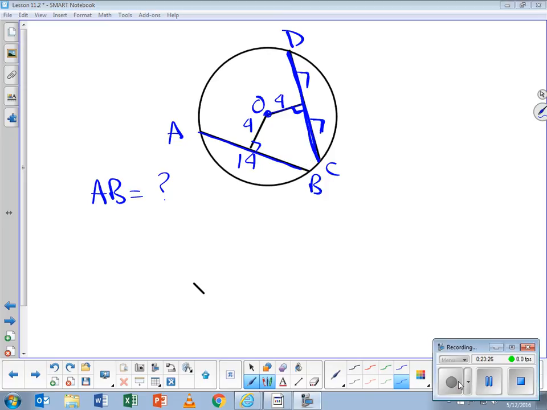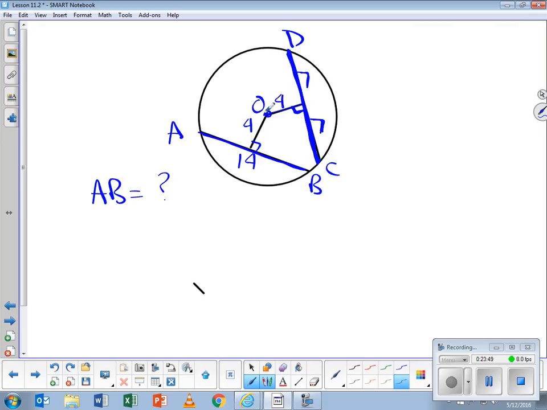Okay, I think Olivia is ready now. The lines are equidistant from the center. What do we call those lines? Chords. Good. So you're saying these chords, AB and DC, are equidistant from the center. And how do we know they're equidistant from the center?